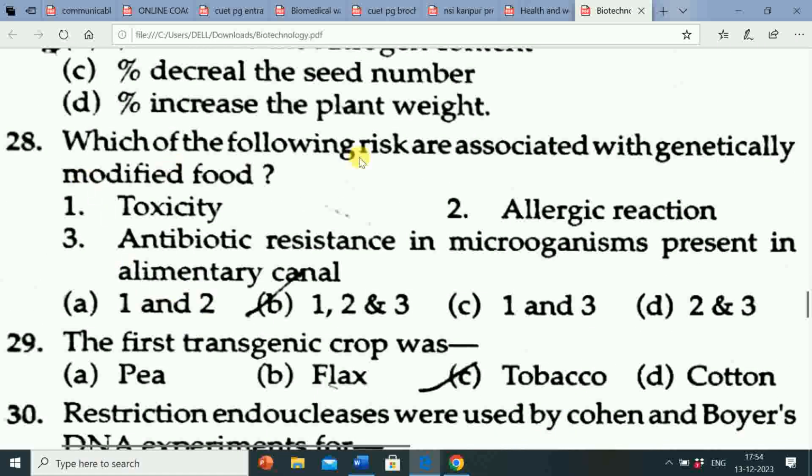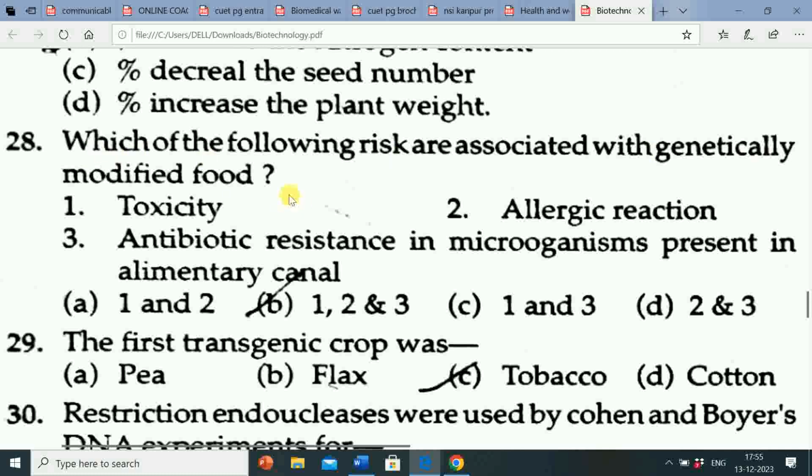Next question: which of the following risks are associated with genetically modified food? Option A toxicity, option B allergic reaction, option C antibiotic resistance in microorganisms present in the alimentary canal. So the correct answer is the option that includes first, second and third.